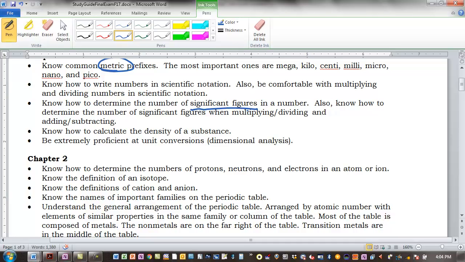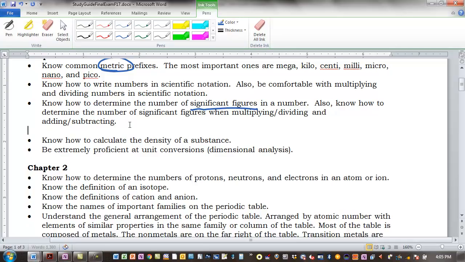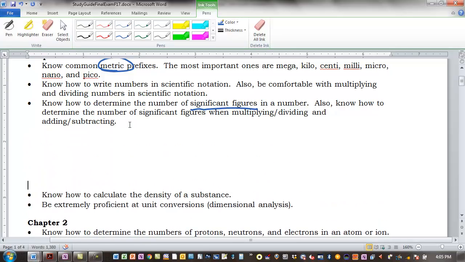But then also if you multiply, divide, add, subtract. Okay? And the only thing where you really have to think, when there's any doubt, is whether it's significant or not. Are zeros.